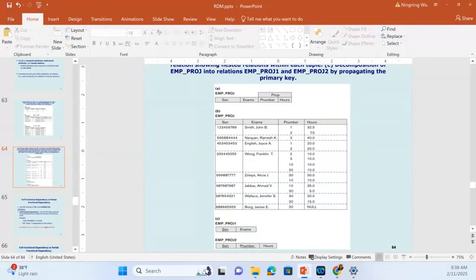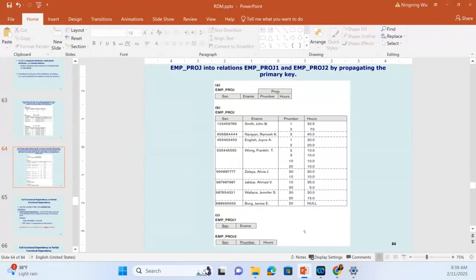This ensures that if an employee works on multiple projects, that employee will have multiple records in this EMP_PROJ2 table, and each record shows the hours for a specific P number. For example, if employee John Smith works on three different projects, he will have three records in this table, one for each project, also recording the hours for each project.